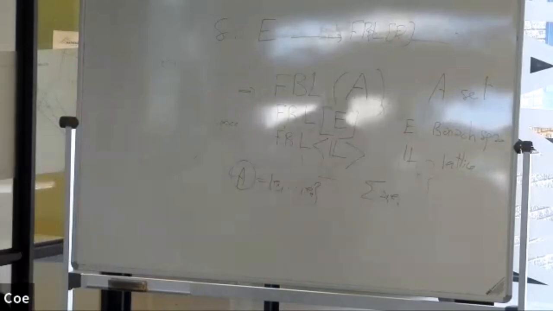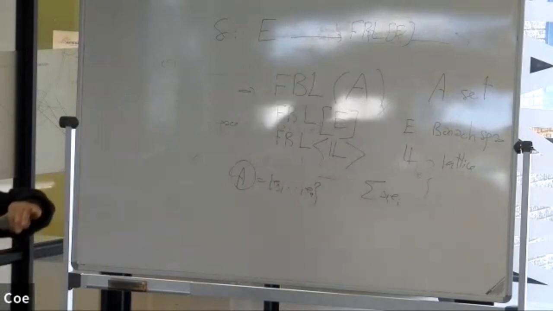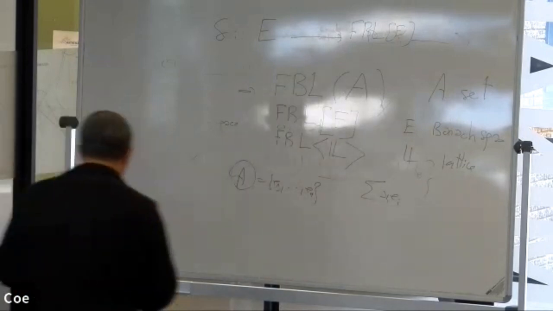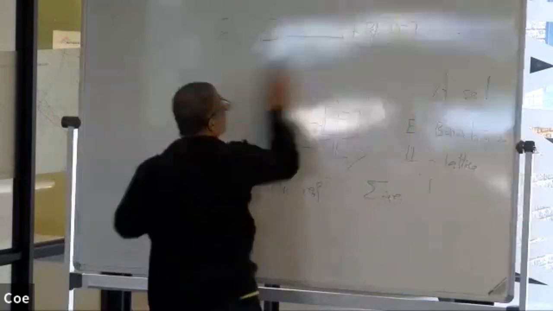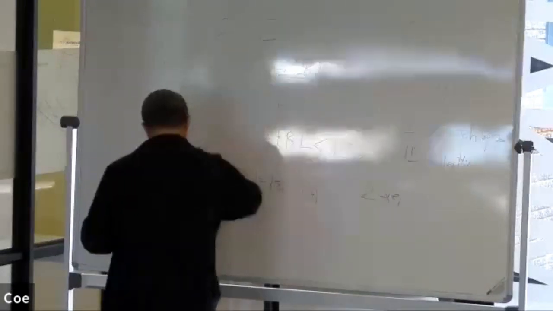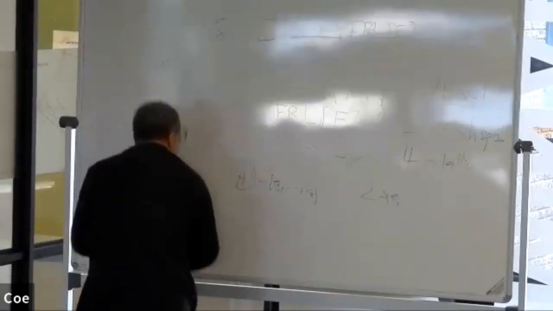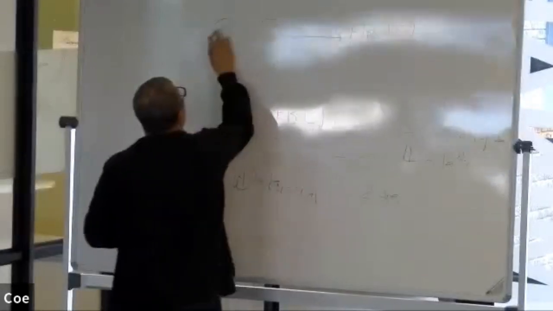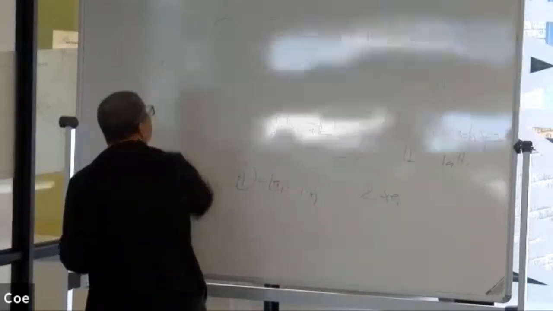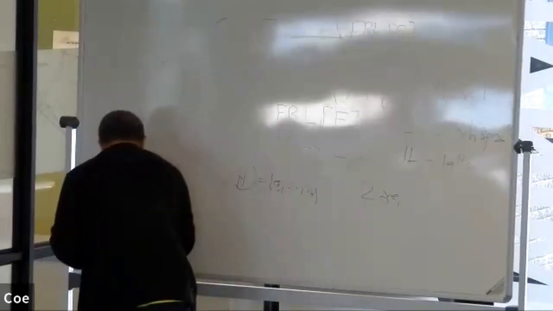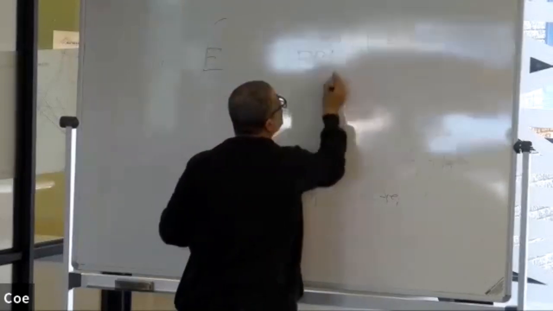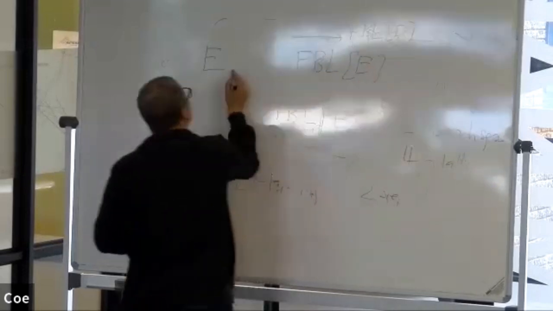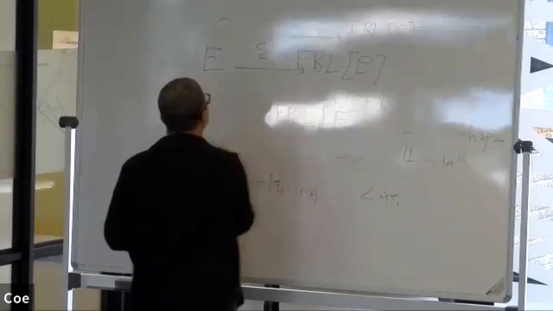And we have a universal property. So this space satisfies the universal property. You have the space E, and E is inside the big space FBL of E. This is the map delta.